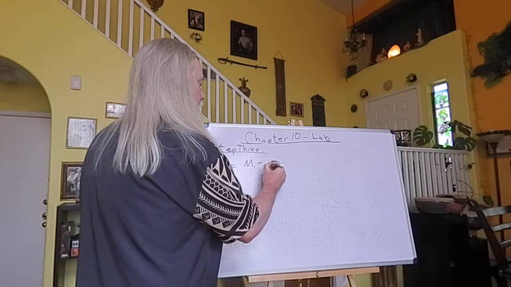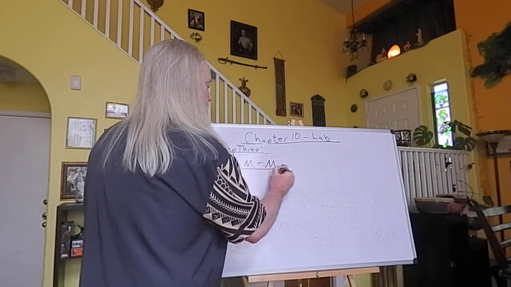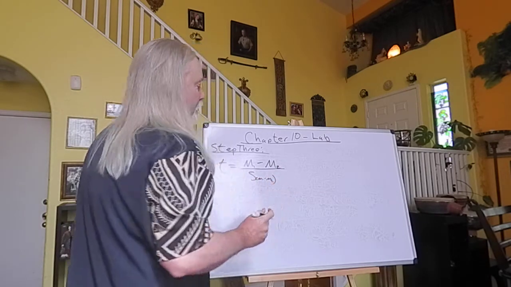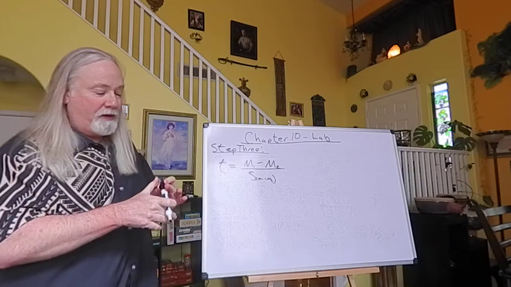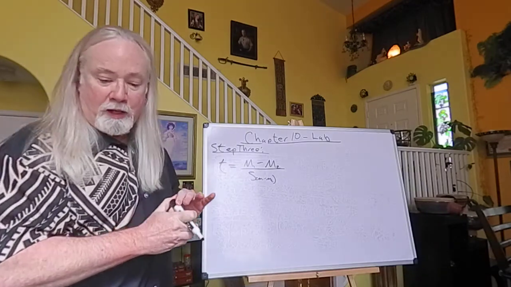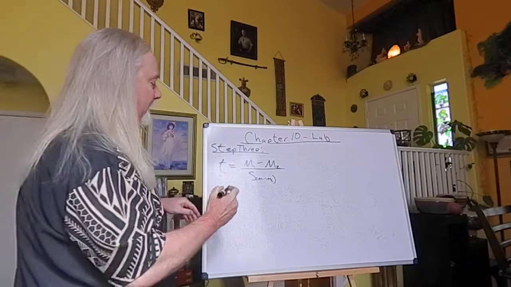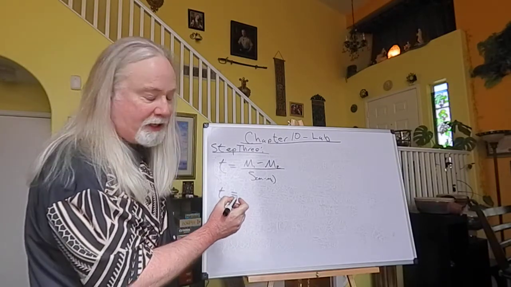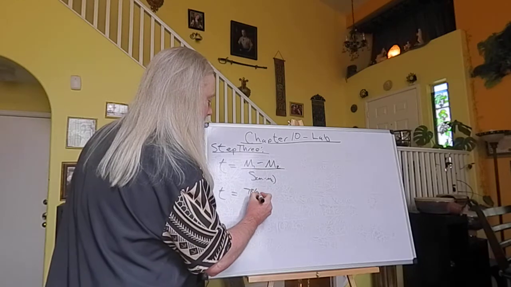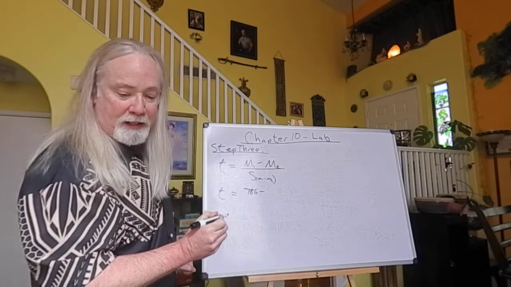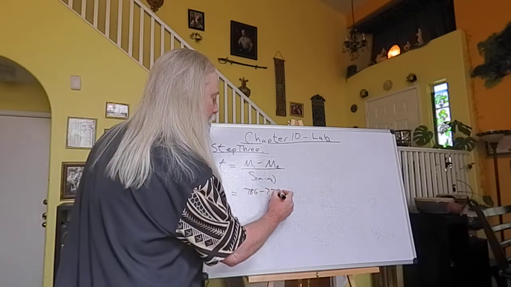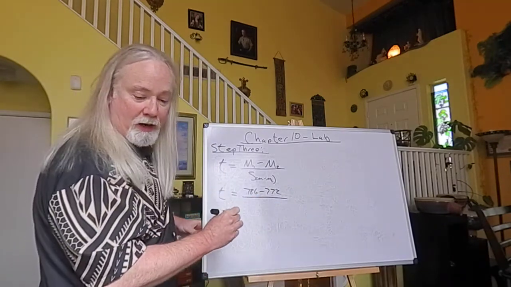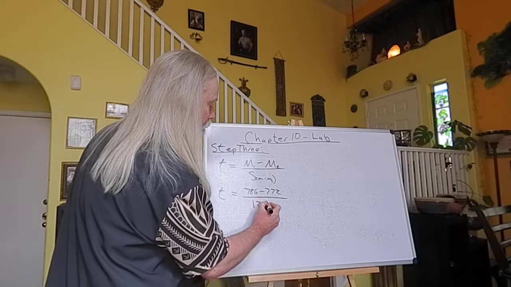Sample mean 1 minus sample mean 2 divided by estimated standard error. Remember, this is our simplified version of the equation, which is pretty nice. The problem tells us that the first sample has a mean of 786, the second sample has a mean of 772, and we know that our estimated standard error was 12.45.